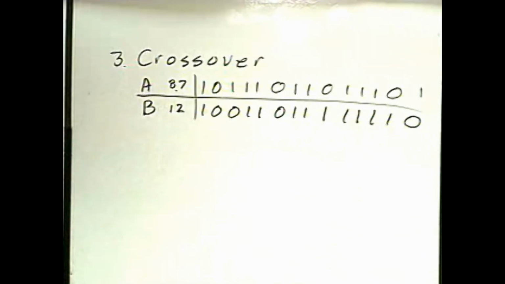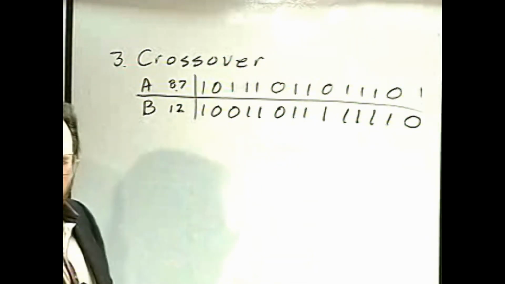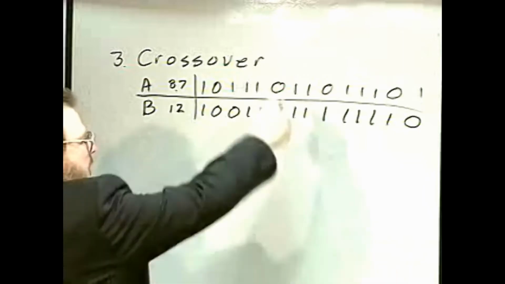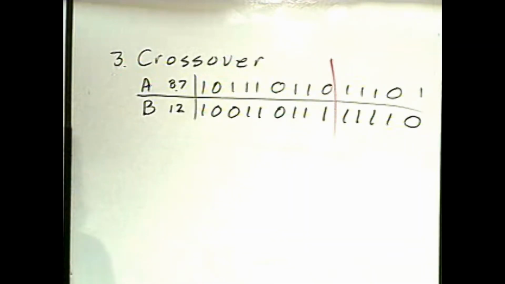Maybe something like this. Crossover occurs by pairing up the chromosomes, unlike chromosomes, and choosing a point referred to as a crossover point randomly between the first digit and the last digit. So it's another stochastic nature of it. So we have some sort of point that we choose. And again, it's a random number.